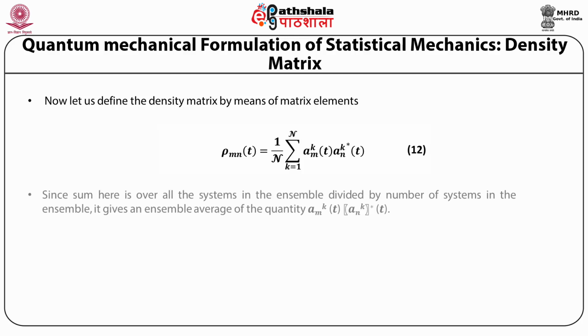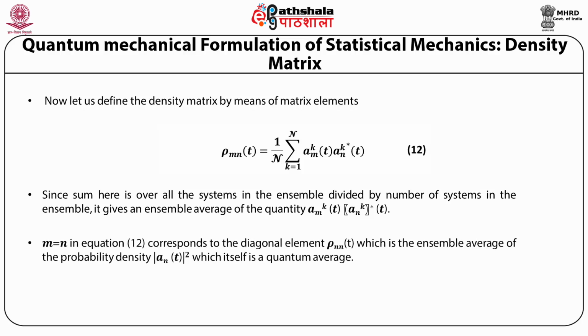We note, since the sum here is over all the systems in the ensemble divided by the number of systems in the ensemble, it gives an ensemble average of the quantity a_km(t) multiplied by a_kn star(t).